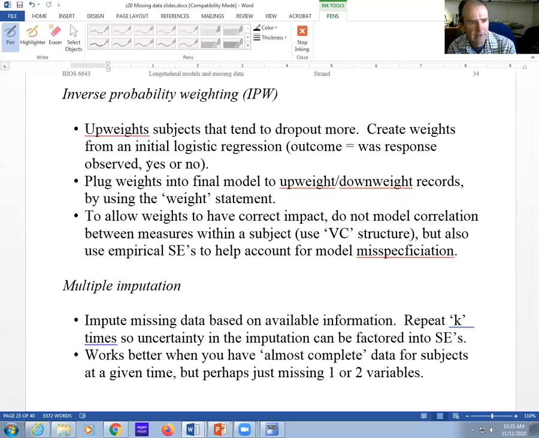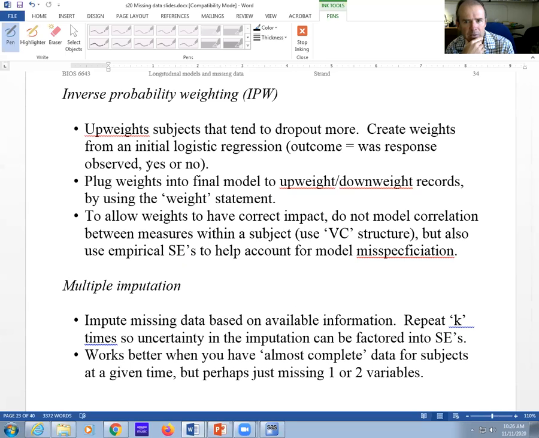You get these weights from that initial logistic regression, and then you can plug them into the final model to upweight subjects who tended to drop out more, and downweight subjects that tended to be more common, so that you equalize things out. So it's a fairly intuitive approach to handling missing data just by weighting. You're not imputing data, you're just reweighting records based on whether that type of subject dropped out more or didn't drop out more.